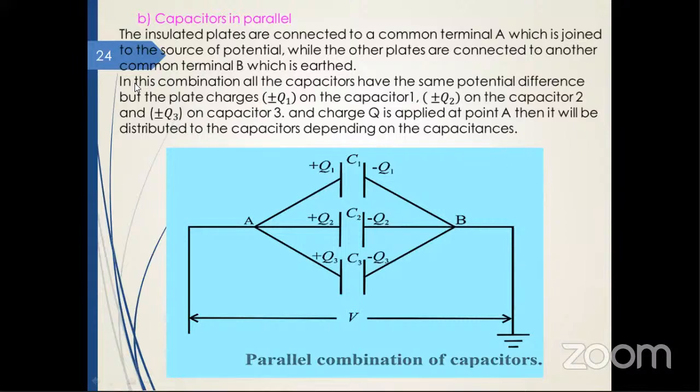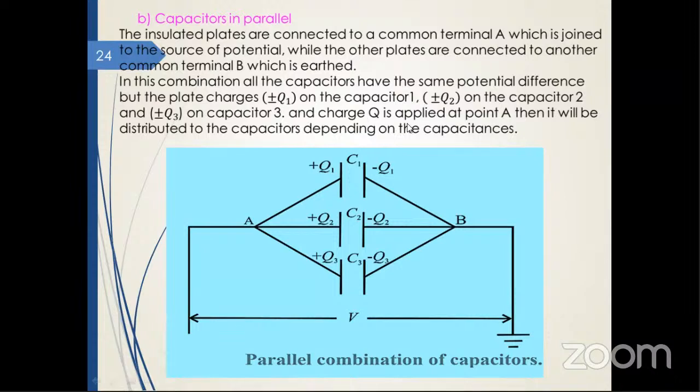See once again, in this combination all the capacitors have the same potential difference. In the first case, it was V1 plus V2 plus V3. Now in this case, each and every capacitor has the same potential difference, but the plate charges Q on the capacitors are different.